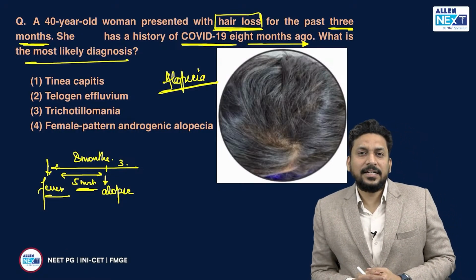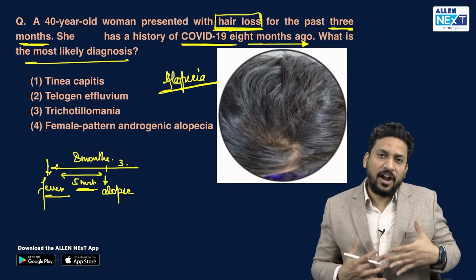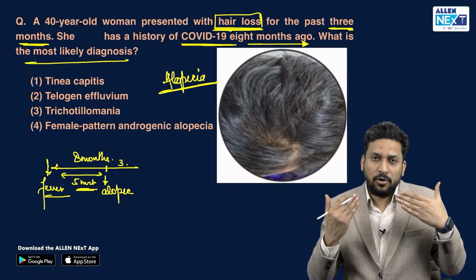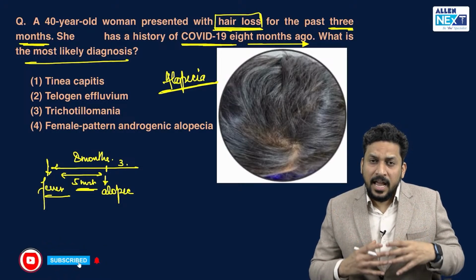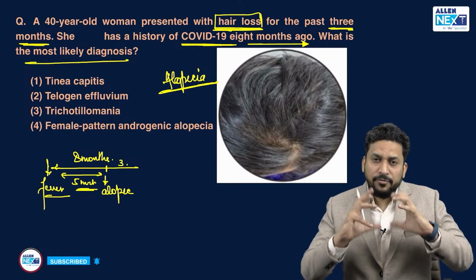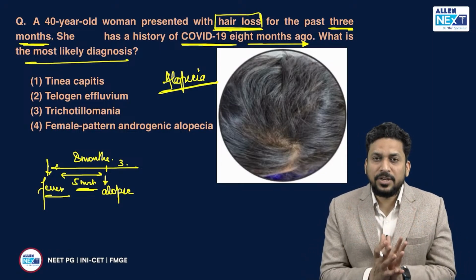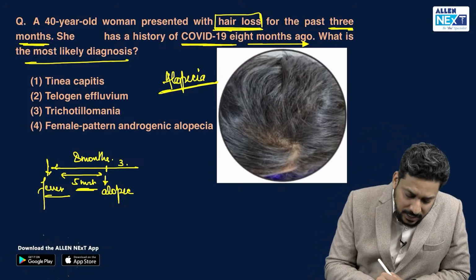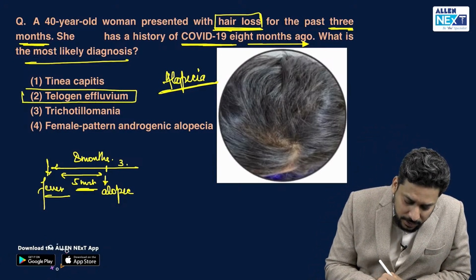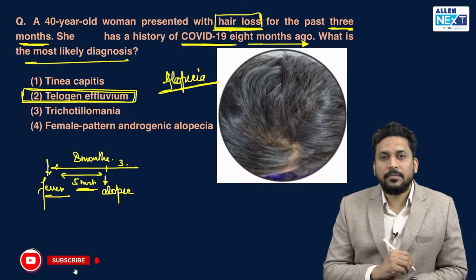So do you know any condition where a predisposing factor is there, like pregnancy or typhoid fever or COVID-19 infection or any road traffic accident, and after this stressful condition, a few months later, generally 3 months later, the patient starts developing excessive hair loss? This condition is known as, yes, telogen effluvium. Why?